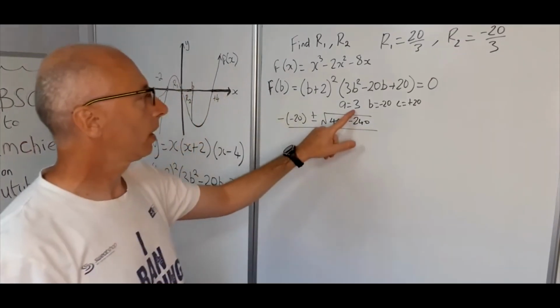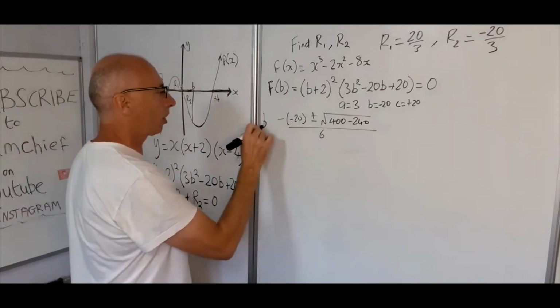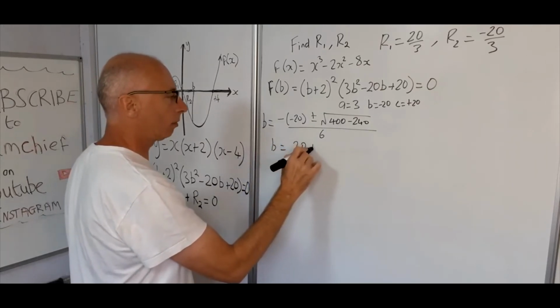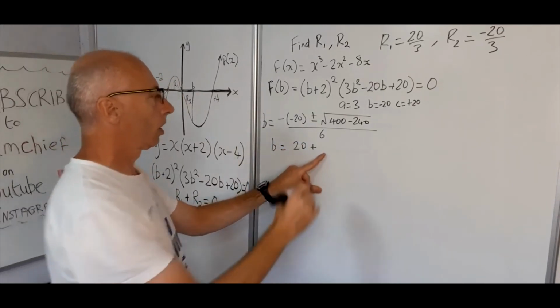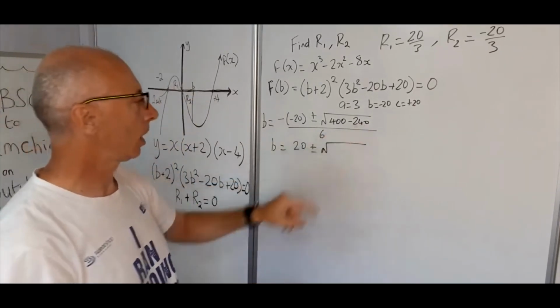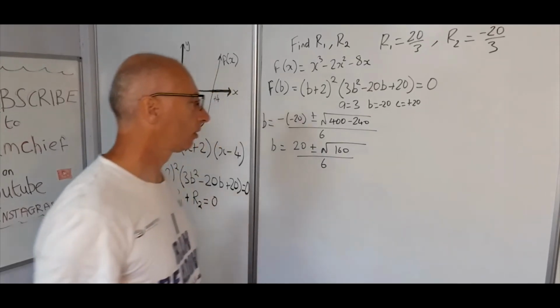That's over 2a, that's 2 times 3, which is 6, and this is for our B. So now B equals 20 plus or minus the square root of 400 minus 240, which is 160, and again this is over 6.